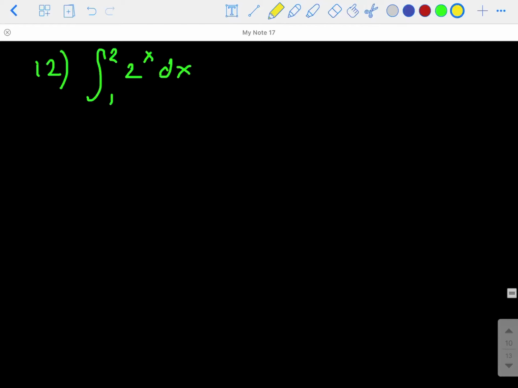So number 12, find the integration from 1 to 2 of 2 to the x dx. If you see that there's a base and it's raised to an x power, then we have to apply the rules of integration, so this will become 2 to the x, copy and paste, over the natural log of 2. When you do that, you're finished with using the integration symbol, and now you have to apply the bounds.